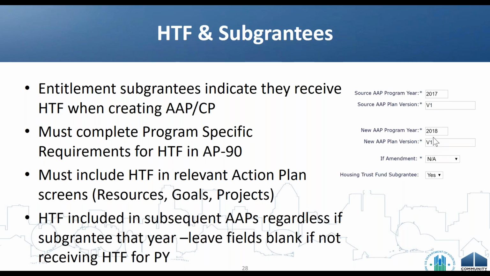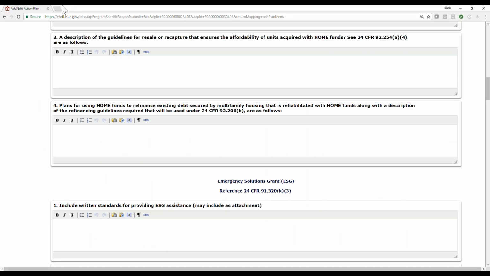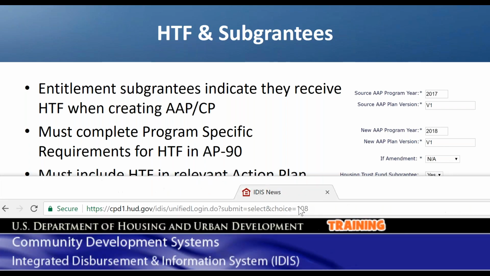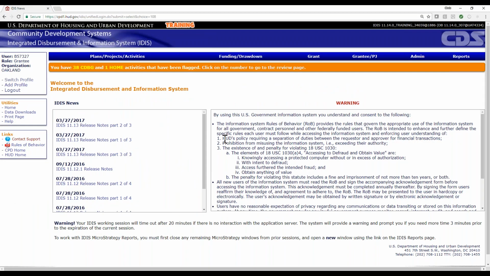And so we're going to go back into IDIS here, and we'll now come in as an entitlement grantee. Okay, and we're now coming in here as an entitlement grantee.